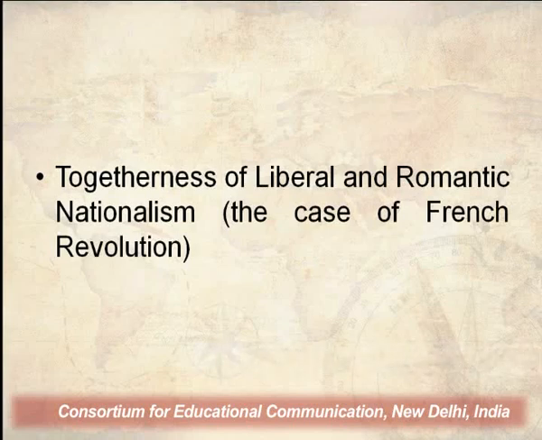The upper middle class actually ends up being the representative of the entire third estate, and now they are not only the representatives of the entire third estate, but they are representative of French as a nation, and that's how the idea of nationhood emerged.